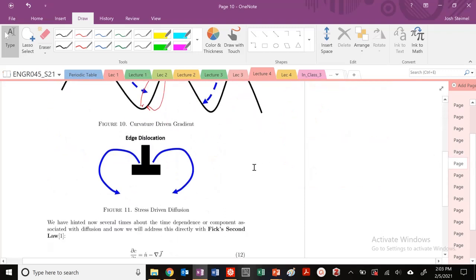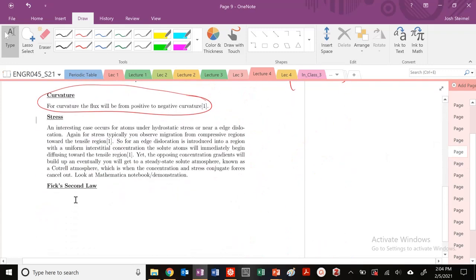And you could also have a stress-driven gradient as well. We talked about edge dislocations, where at this point we have all these packed atoms, and then here there's open space. So for a stress gradient, we want to move from areas of high compression to tension. Let's look at the stress-driven gradient.